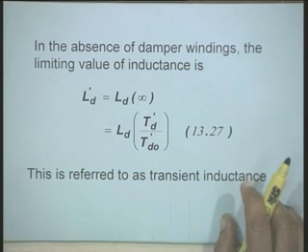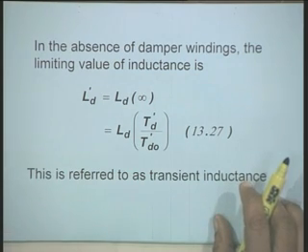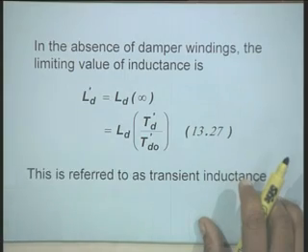Therefore, now I can say that we have identified the three different types of reactances offered by the synchronous machine, that is the synchronous inductance, the subtransient inductance LD double prime and the transient inductance LD prime, starting from the operational inductance point of view.